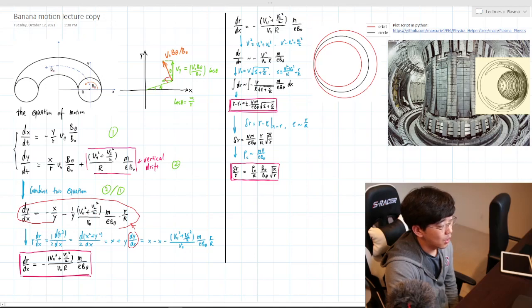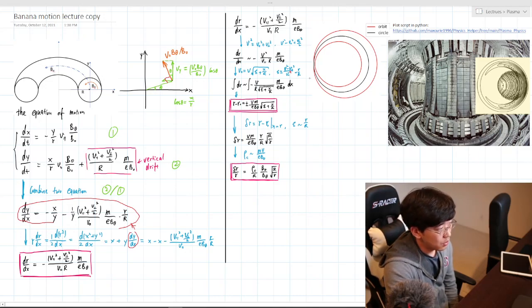And v parallel can be described in this manner: v square root of epsilon plus x over r, where epsilon is (v squared minus v naught squared) over v naught squared. It is roughly small r over big R. We multiply dx on both sides and integrate. We get the solution. This is a rather trivial integration, pretty much 1 over square root of x, and we get this equation.